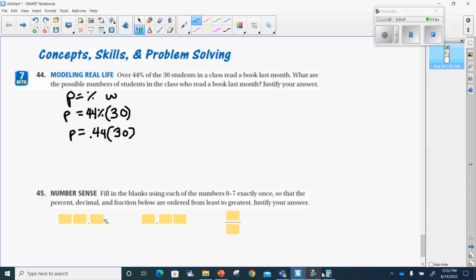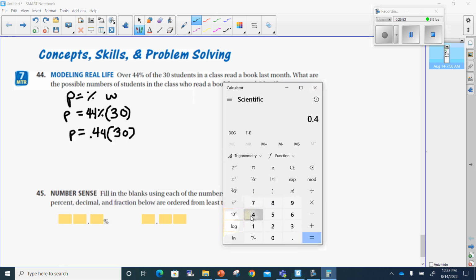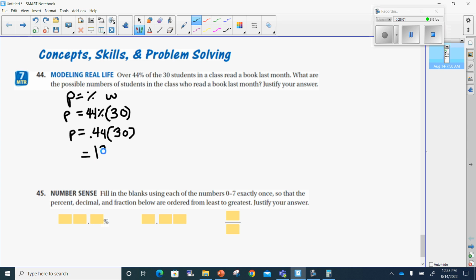And we'll pop this in our calculator. 0.44 times 30 is equal to 13.2. Now, we have to remember it says, what are the possible number of students in the class who read a book last month? And it says over 44. So that means this could be a bigger number. It would have been better to use an inequality sign instead of the equal sign, to indicate that this amount has to be bigger.